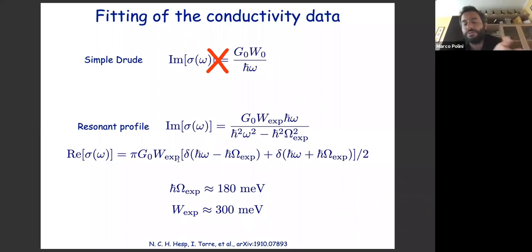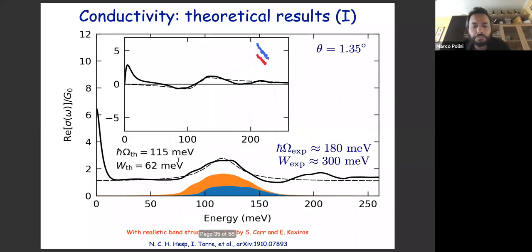So I will try to convince you of where this resonant profile is coming from, and what is the level of agreement that you can establish between theory and experiments. Okay. So the first thing we did was use realistic band structure calculations, and results that were provided to us by Stephen Carr and Kaxirax.